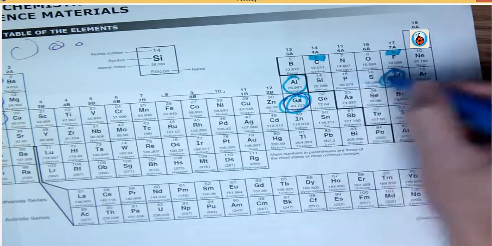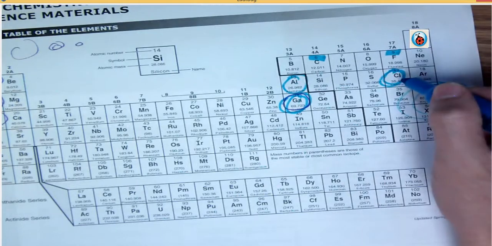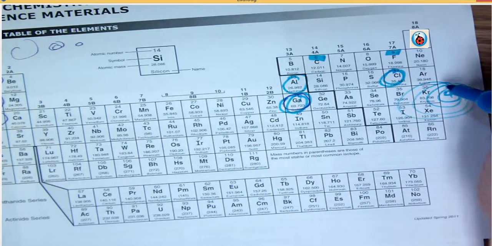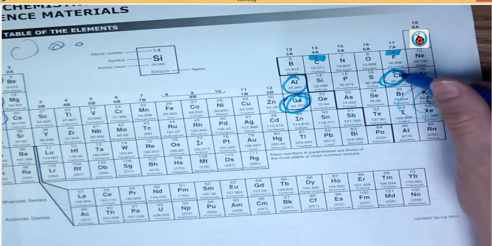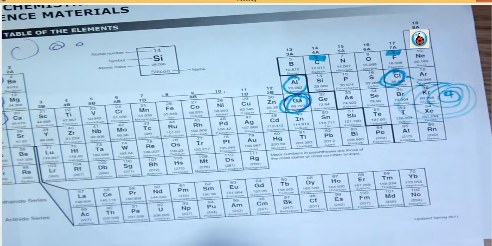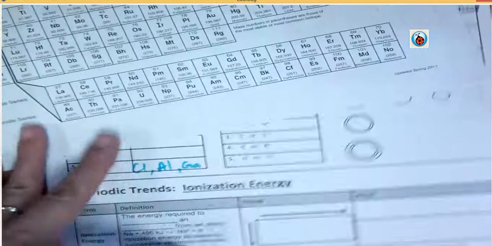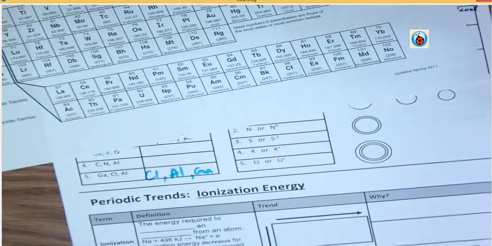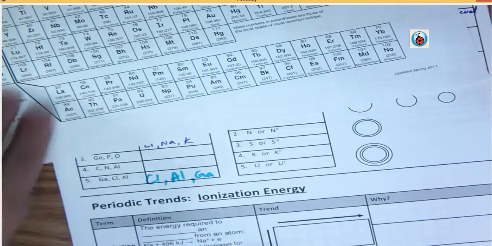And then Al and Cl, they're on the same row, so they both have 3 rings. But which one will have more protons pulling? Chlorine will have more protons pulling, so chlorine is going to be the smallest one. Chlorine, Al, and Ga. That's how you do that.